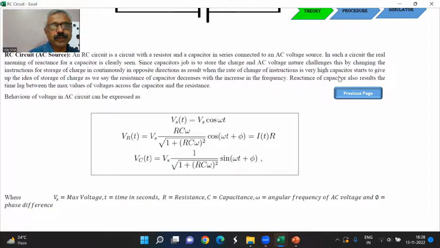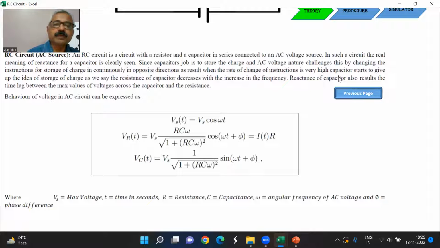And we are aware that the resistance of the capacitor is less for high frequency voltages. It happens because it is not capable of storing the charge as the polarities are continuously changing, and its resistance as a consequence decreases in the AC circuit.